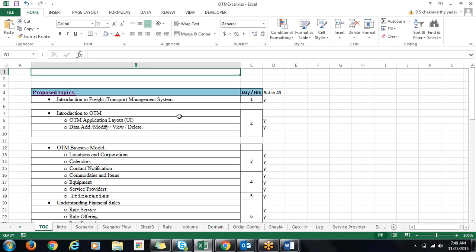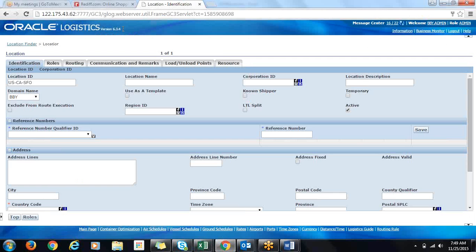Let's say I have an order to ship from a location to location in a day. I have an order to ship from a location to location in a couple of days. I have the same order from the same location to location to be shipped in a week.